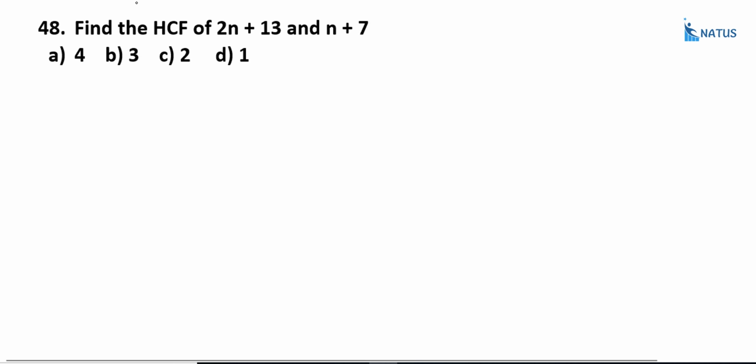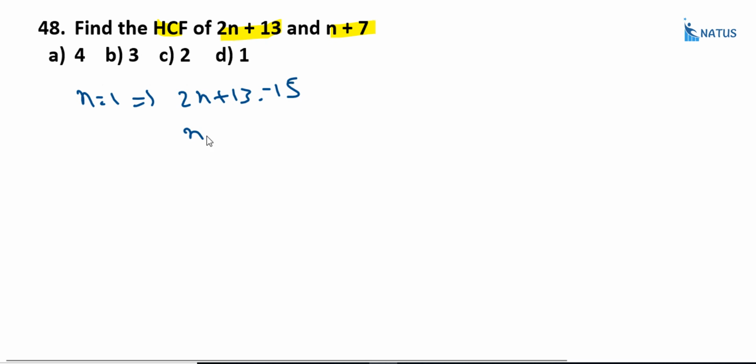Find the HCF of 2n plus 13 and n plus 7. Suppose this were a quadratic equation, then you would find the factors of these numbers. But these two are not a quadratic equation. Now, what can we do? Just take a trial and error process. If n equals 1, then 2n plus 13 is equal to how much? 15, right?